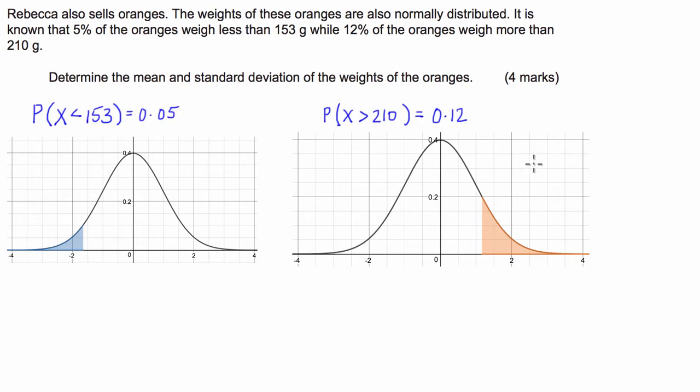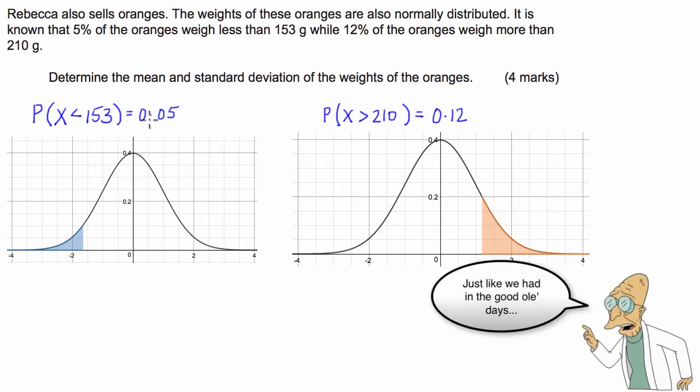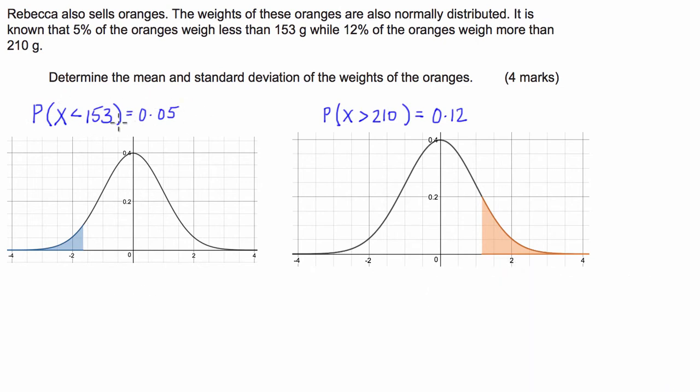Now you can use this on your calculators or you can use a stats tables book. But what I'm going to do for you guys is I'm going to write down what each of these are. So if we have a probability approaching from the left-hand side or negative infinity up to a particular point, which is equal to 5%, the relevant z-score is negative 1.6449.